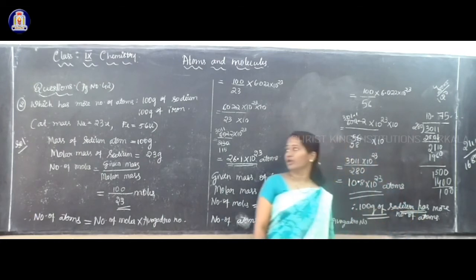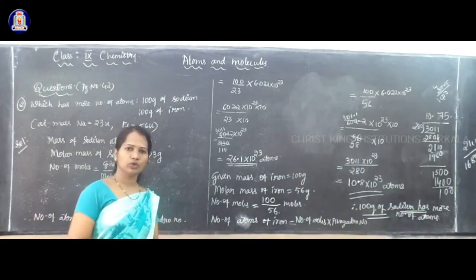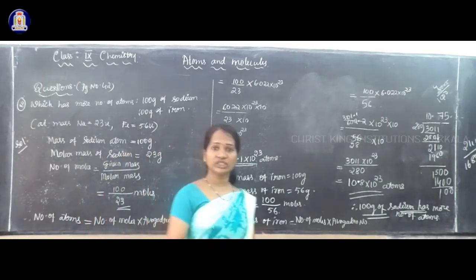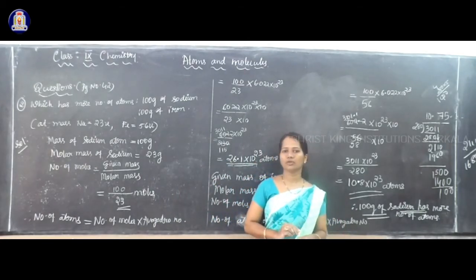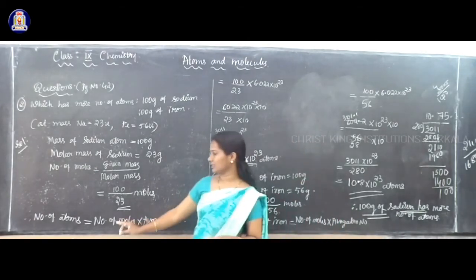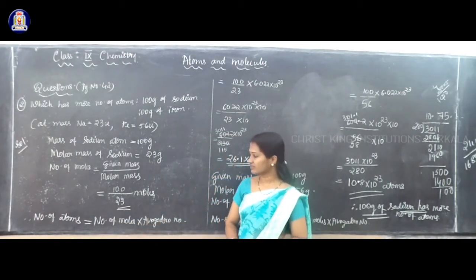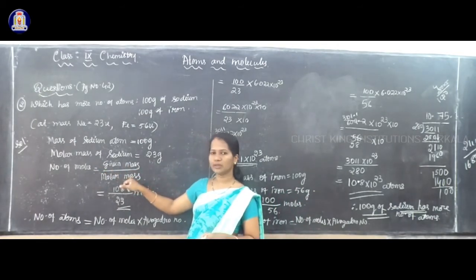So here two elements' weights are given, 100 gram of sodium and 100 gram of iron. They asked to find out which has more number of atoms. We have the formula to calculate number of atoms, that is number of moles into Avogadro number. So first find out number of moles, mass divided by molar mass.